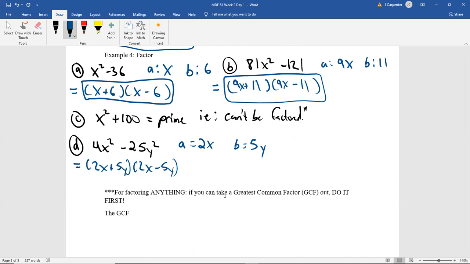What is a GCF? This is the largest number variable factor, generally the least exponent, divide into all.